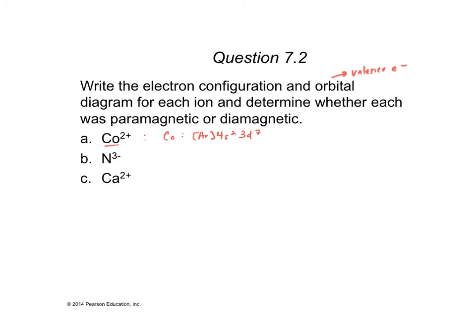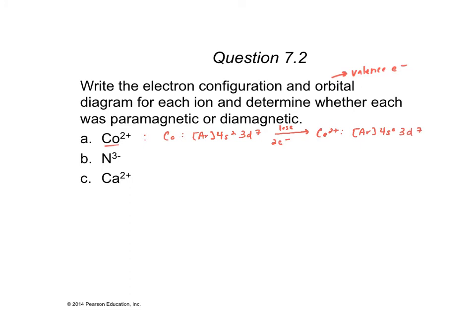If we're going to form the 2+ cation, we are going to lose 2 electrons. For the transition metals, those electrons are going to come from the valence shell. So for cobalt 2+, that's going to give us argon 4s0, because the valence shell is the 4s orbital, and then 3d7.